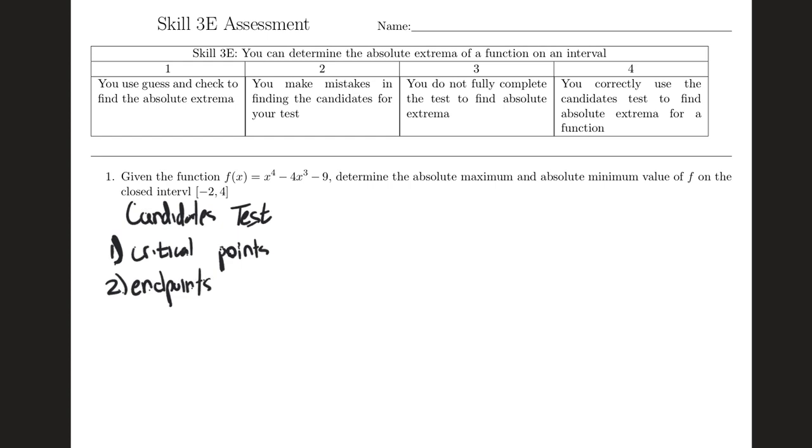So critical points is the first one we'll do. That's where your derivative is equal to 0. So you need to find the derivative, and then set it equal to 0.